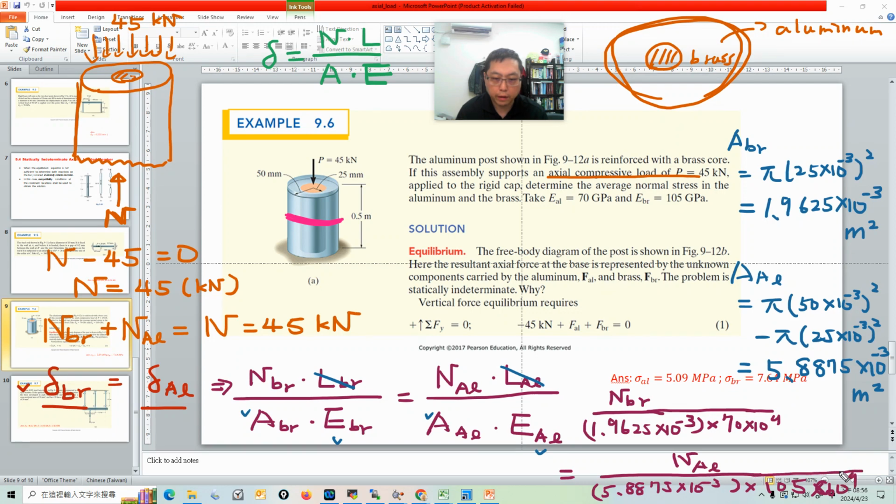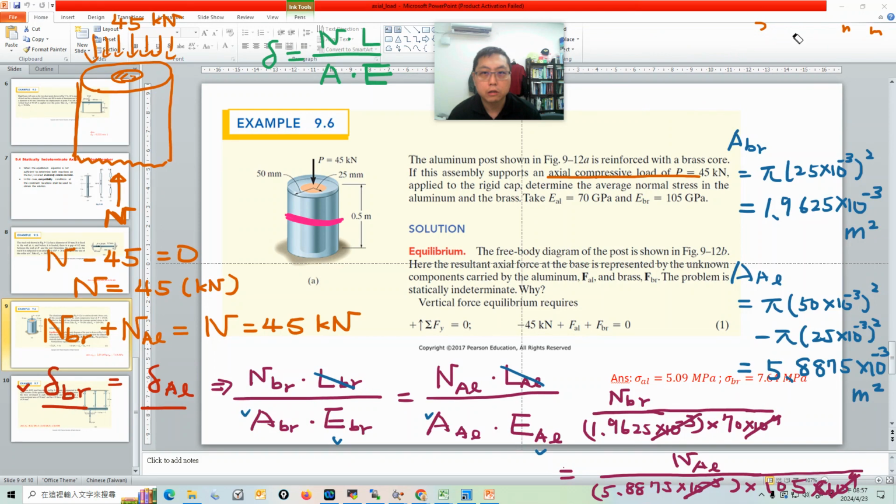Since these two equations are equal, we can divide by something together. So we can divide this one, and we also can divide this one. I don't have enough space, so I just clear this.